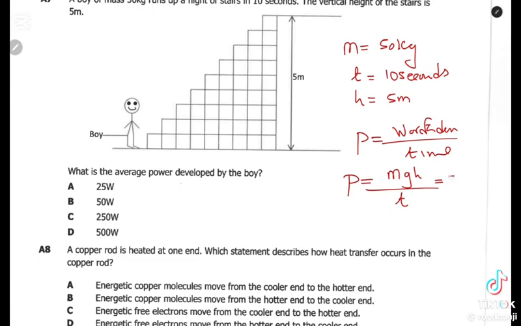So mass is 50, times gravity on earth, which is 10, multiplied by height, which is 5, divided by 10. On top we have 50 times 10 is 500, times 5 is 2500, divided by 10. We drop zeros and are left with 250. Power is in watts, and therefore the answer is C.